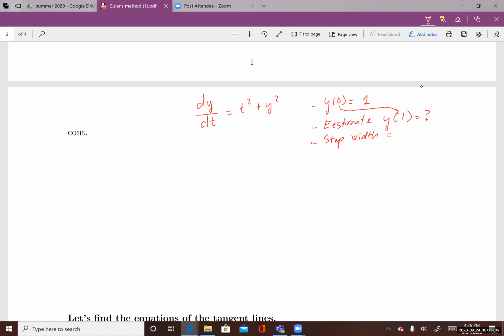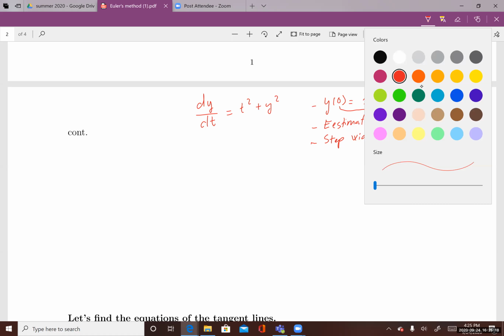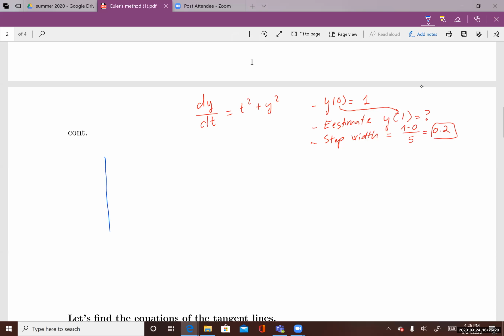So I decide my step width is going to be 1 minus 0 divided by 5. So it's going to be 0.2. So I know that my step width is 0.2. That means I start at 0 and I go to 0.2 and 0.4 and so on and so forth. Okay, let's try it.